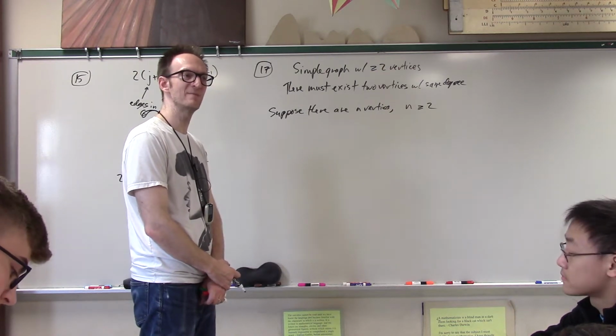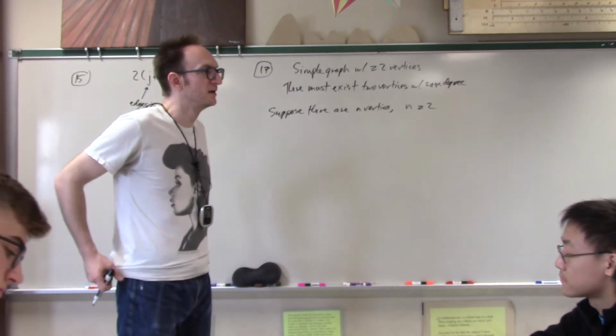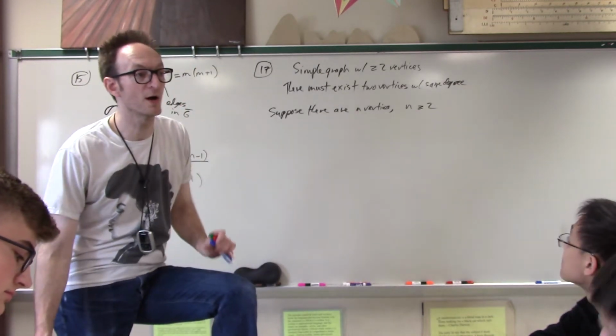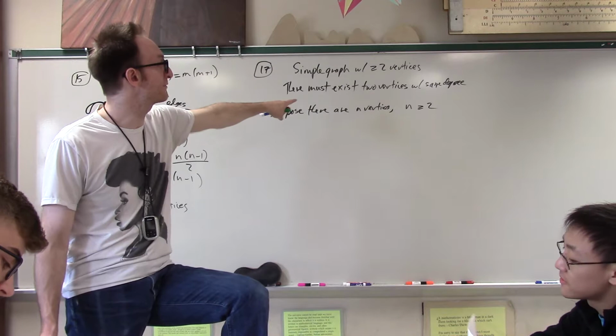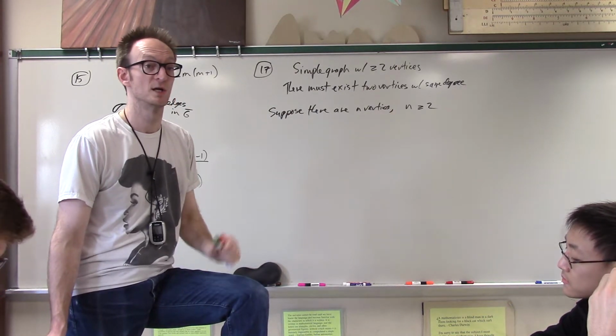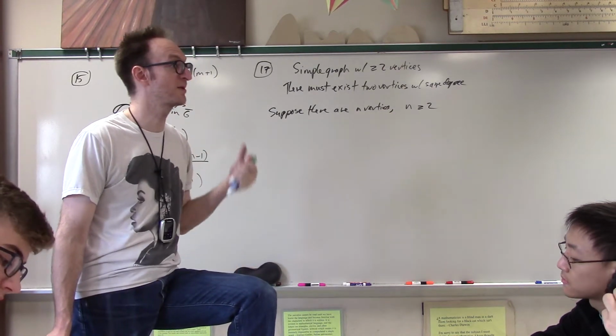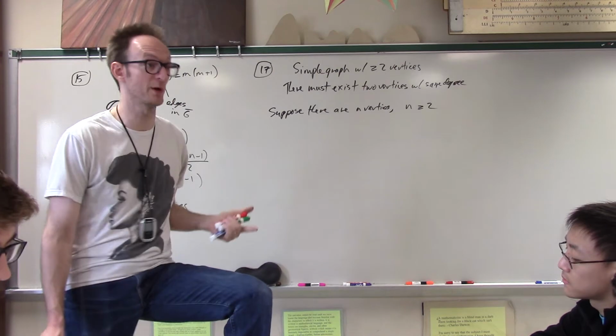Seemingly maybe. Because what are the possible degrees? If you have a graph with n vertices, what are the possible degrees that any one vertex could have? 0 through n minus 1. Because you could be friends with no one, or you could be friends with everyone.